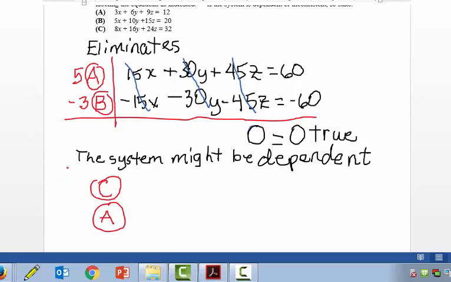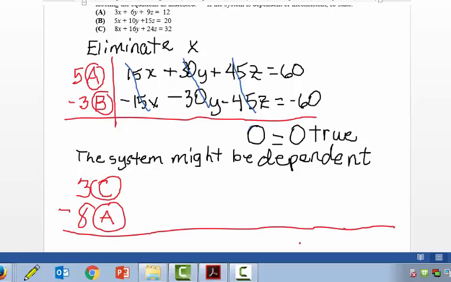So I'm going to use C and A. I could have just as well used C and B. And I'm going to take the coefficient of x in equation C and multiply that by equation A, and take the coefficient of x in equation A and multiply that by C. So that will always work.